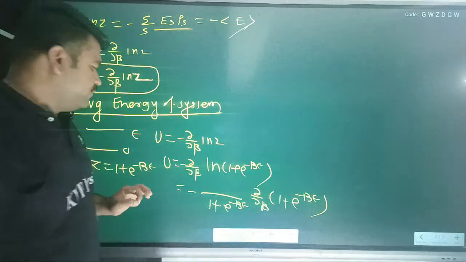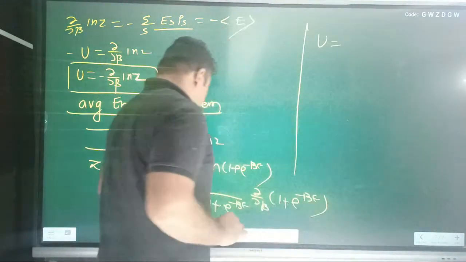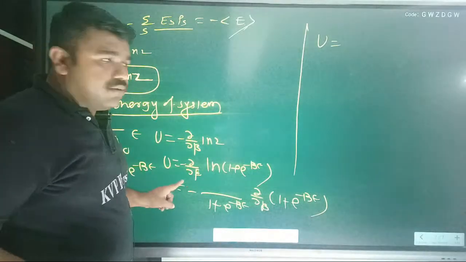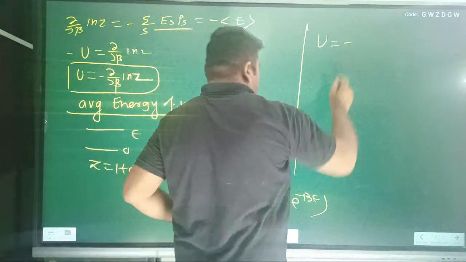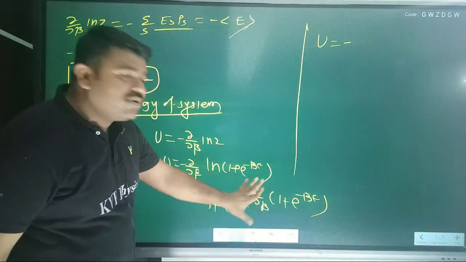Now see. U is equal to, what is the derivative? The sign is minus outside, always remember the minus. The derivative of 1 with respect to beta is 0, since 1 is not a function of beta.